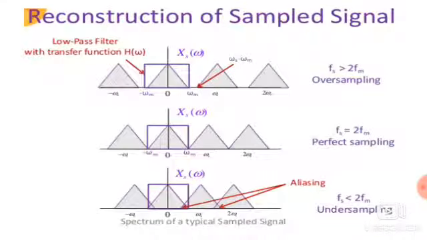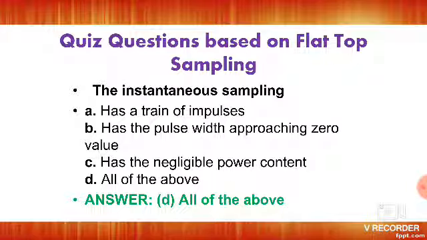Finally, for reconstruction of the sampled signal using a low pass filter, there are three conditions: fs greater than 2fm, where there is a gap between the spectra; fs equal to 2fm, where there is no gap and they touch; and fs less than 2fm, where they overlap and aliasing occurs.